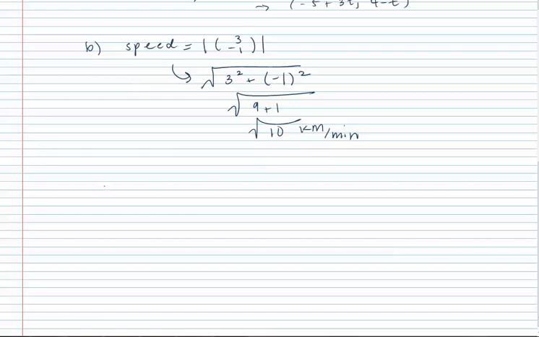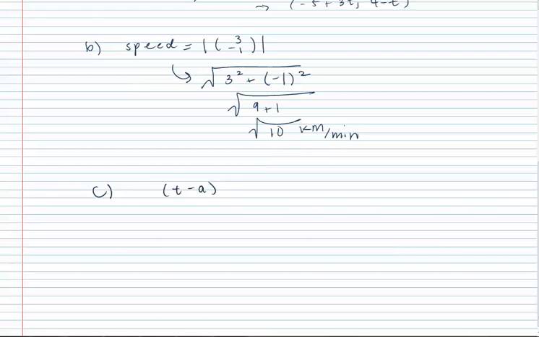For part C, you have to find the position of torpedo Q. To do that, you take the minutes that have elapsed and subtract it from t, so you have t minus a.